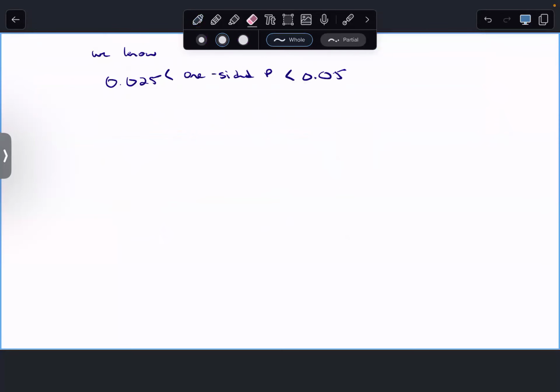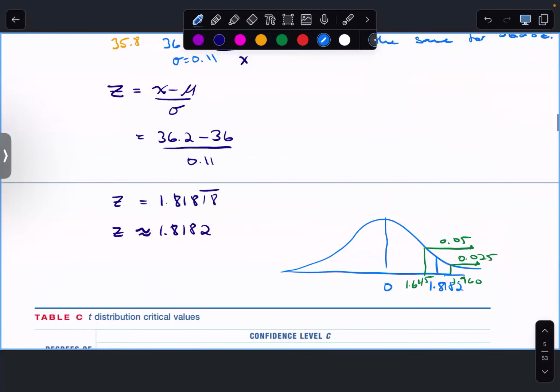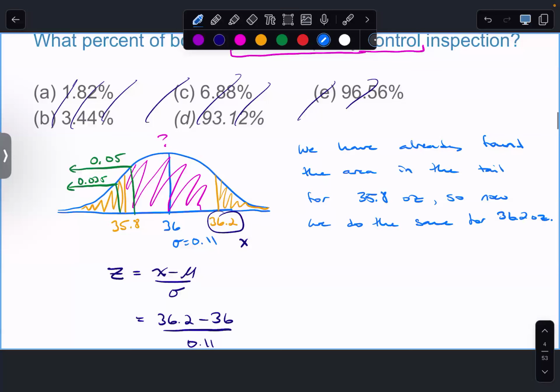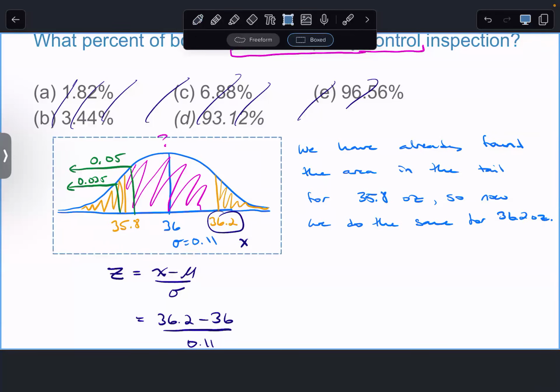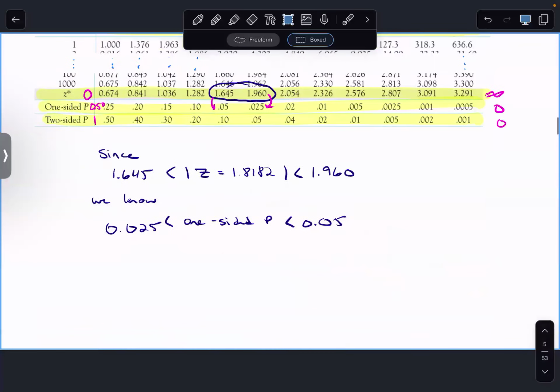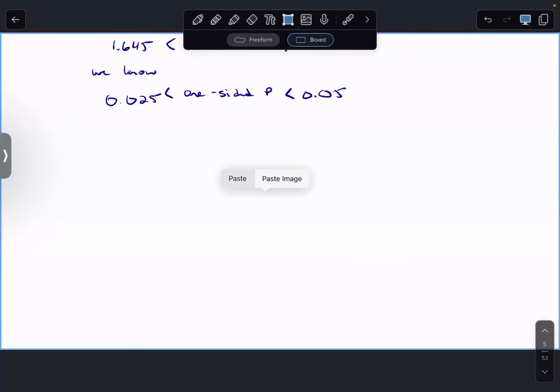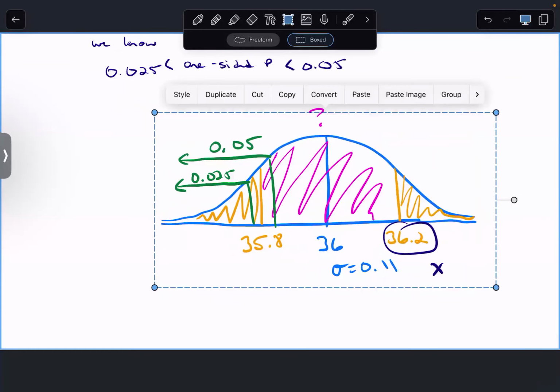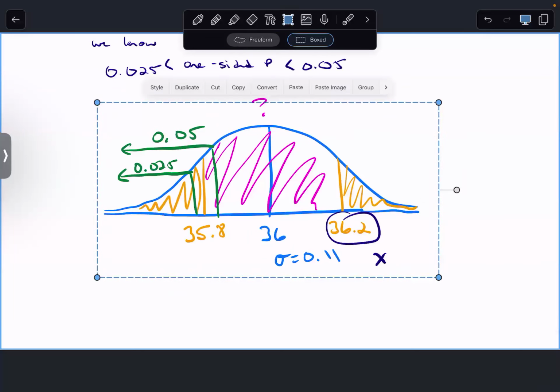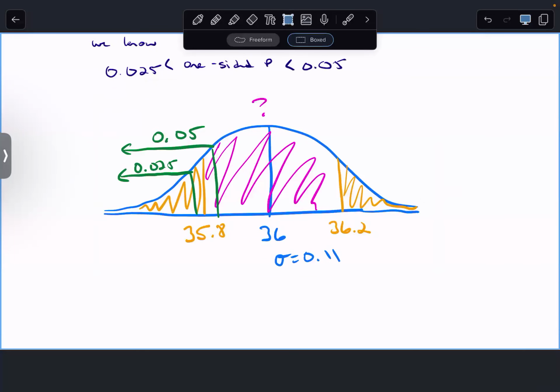I'm going to copy it actually, otherwise it's too much drawing going on. I'll remove this.